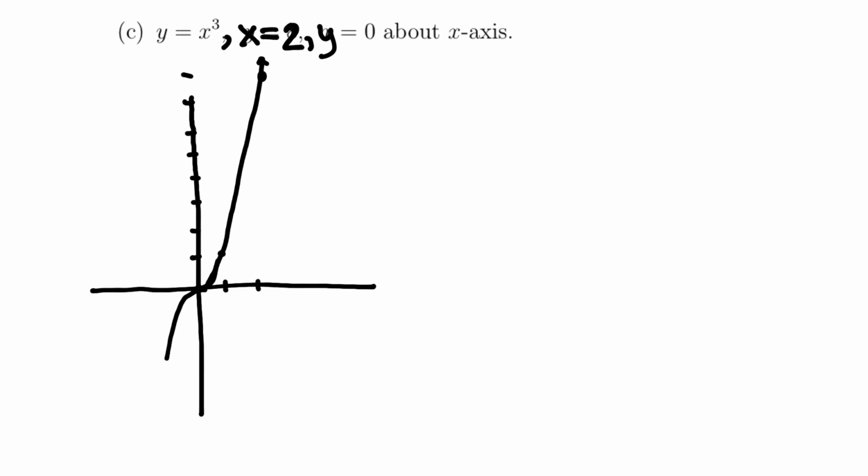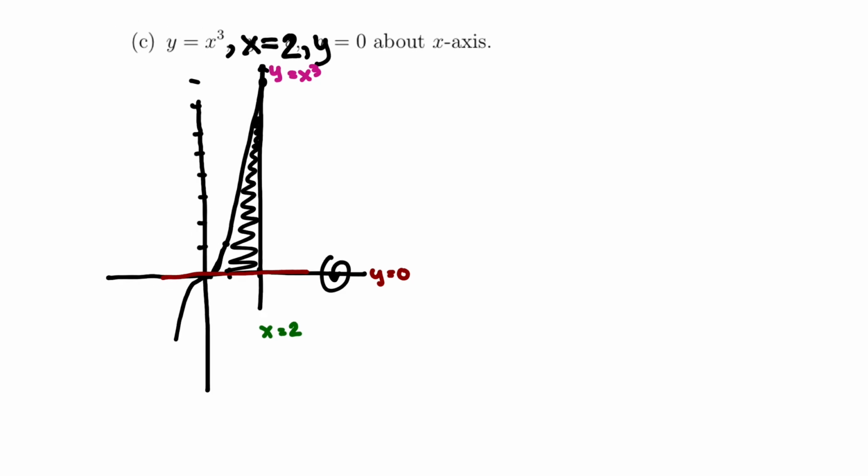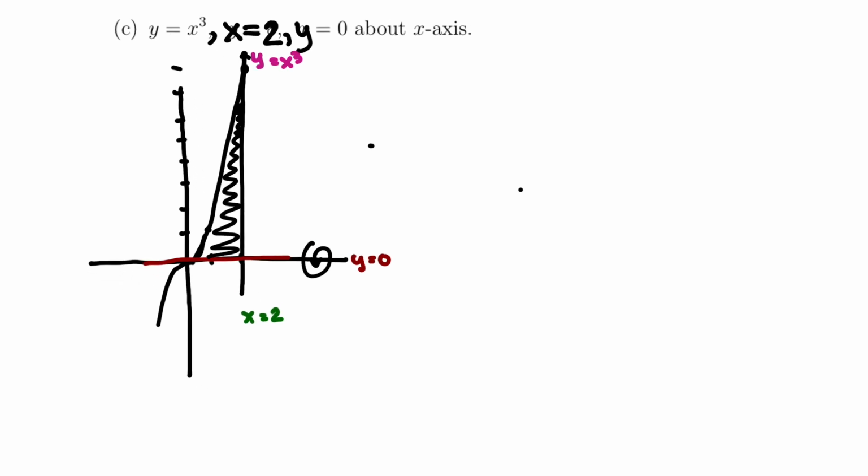I got this x cubed shape. It kind of goes like this, but I'm only concerned with this side. I have x equals 2, and this one here, which is y equals 0, and I'm looking for the space in between, and we're going to send it around the x-axis again.